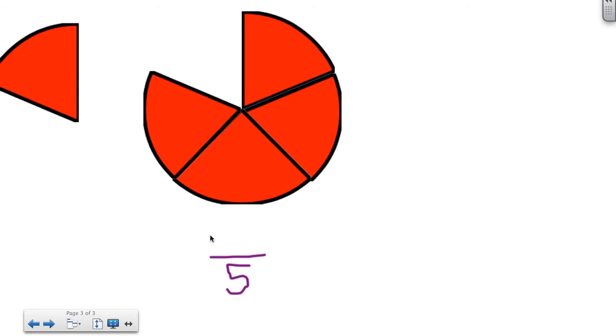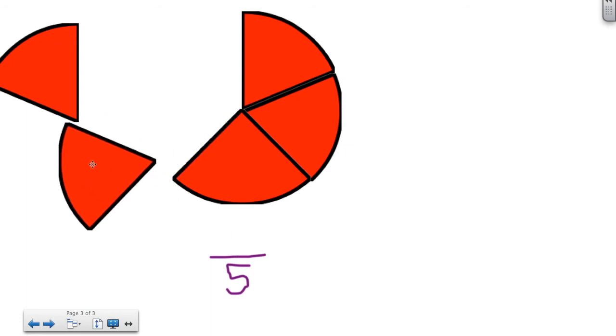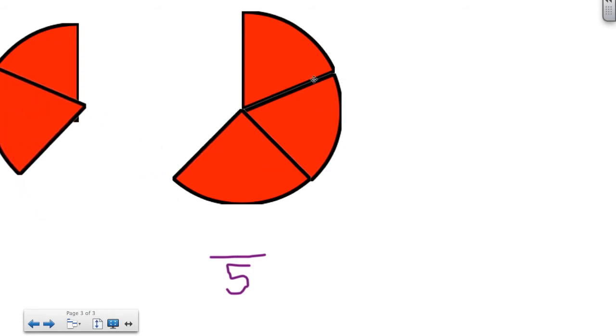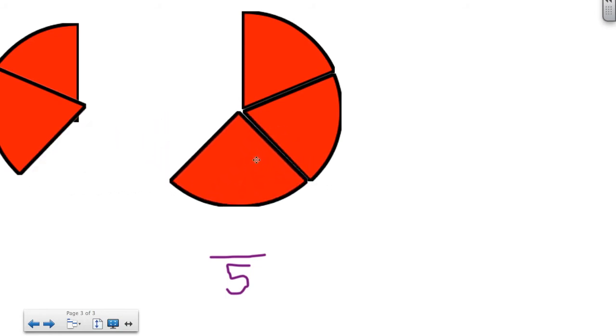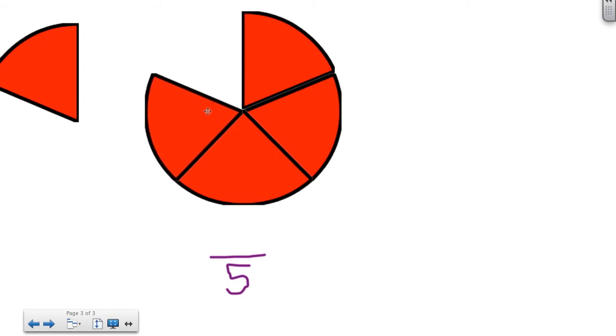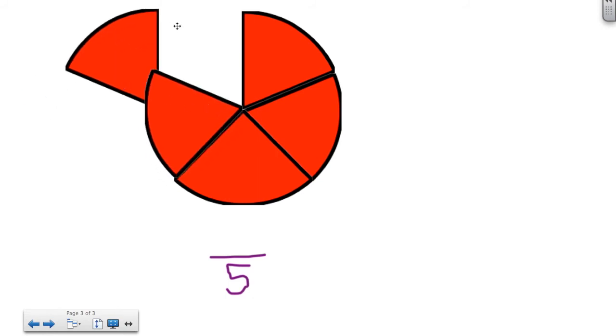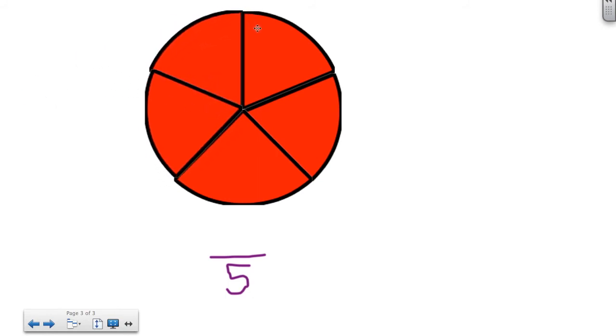The numerator, which is the number on top, would be 4. If I take away another piece, it would be 3/5. If I take away another piece, it would be 2/5, and so on. Now, what I'm going to do is put it back as a whole, and we'll just look at it a little bit of a different way.